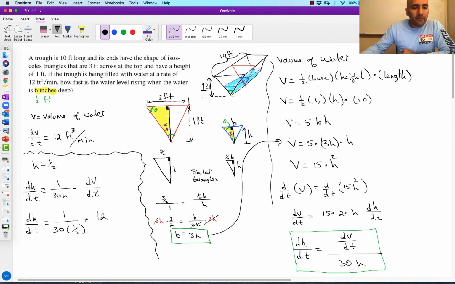This is going to be 15, so it's going to be 12 divided by 15. dh/dt equals 12 divided by 15, which reduces to 4/5, which reduces to 0.8, and this is feet per minute.